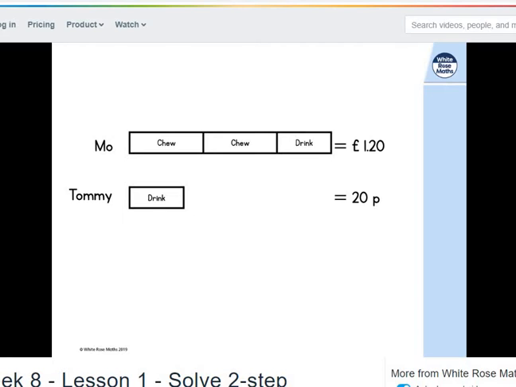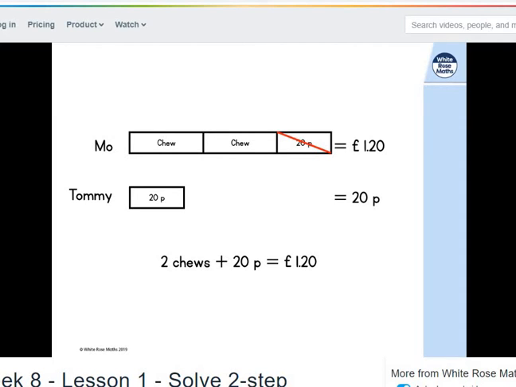Now, we know the cost of a drink because Tommy only bought a drink. So Tommy spent 20p, so a drink must be worth 20p. And we can do the same exchange in Mo's bar model as well. We know that 2 chews and 20p gives a total cost of £1.20.